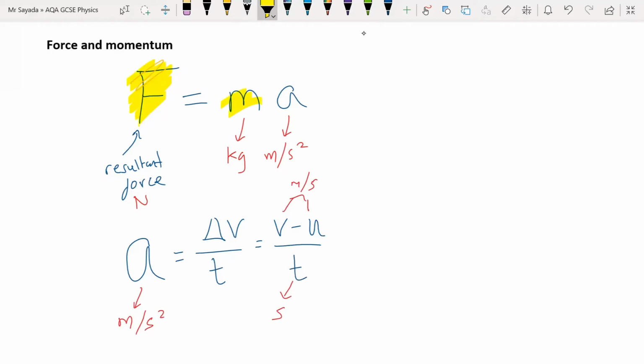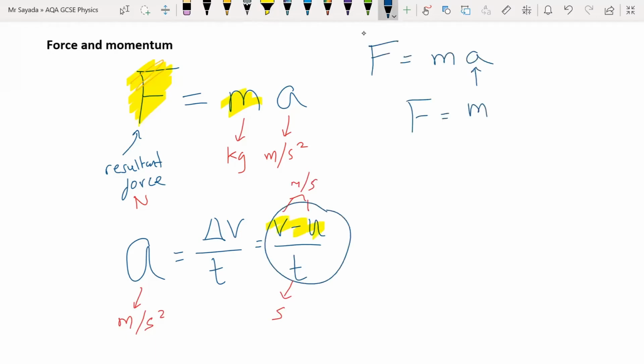So we start with the equation F equals ma, and then we substitute in this expression for a. So that means F equals m times (v minus u) over t.